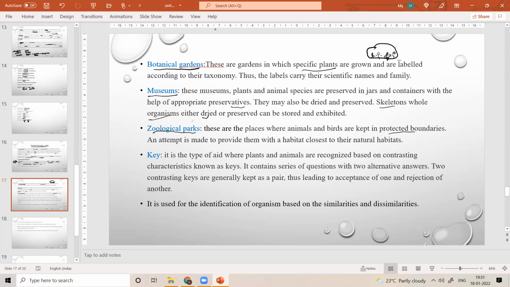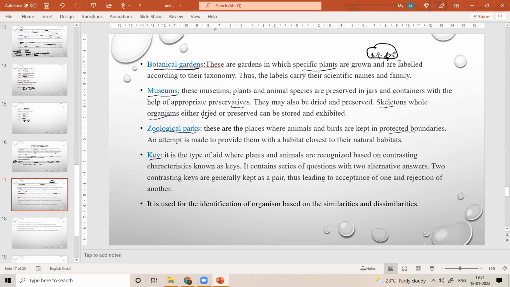An attempt is made to provide them with a habitat closest to their natural habitat. So basically they provide an environment similar to their natural habitats, similar to the forest, where they grow trees around them.